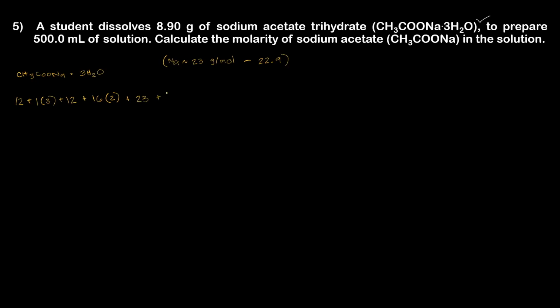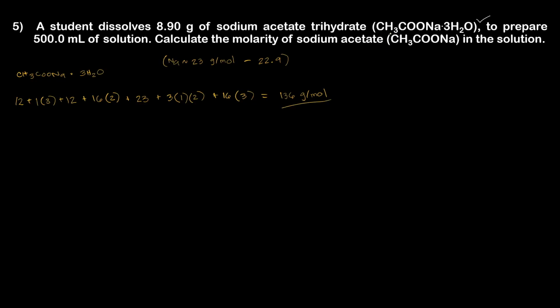Plus water, so you get 3 H2O. 3 times, 1 water is 1 hydrogen times 2, plus 16 for oxygen. That would be 136 grams per mole.